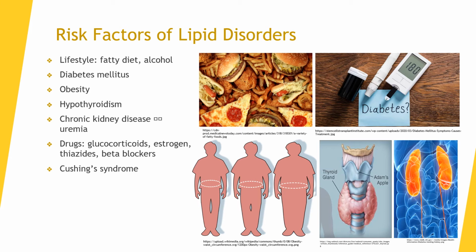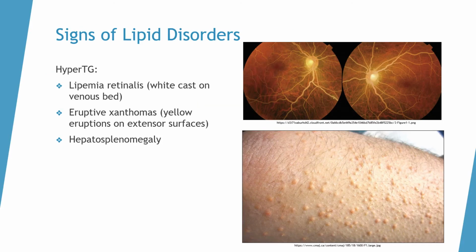Hypothyroidism and chronic kidney disease developing into uremia are specific medical conditions that are dangerous for lipid disorders. Certain drugs like steroids, estrogen, thiazides, and beta blockers are also relevant in this case, and Cushing's syndrome is something we need to touch on as well.